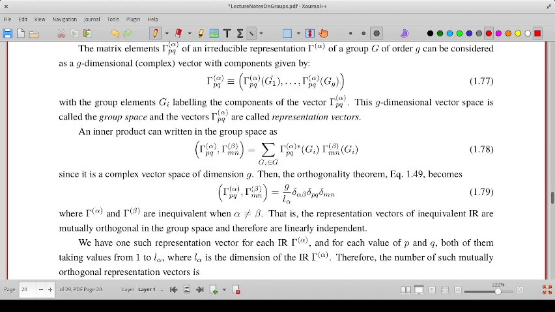So the components of this vector are labeled by the group elements here, or as 1, 2, 3, etc. up to g. And we can also define the inner product this way.